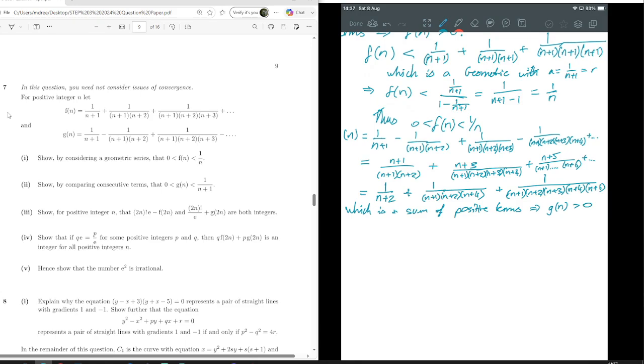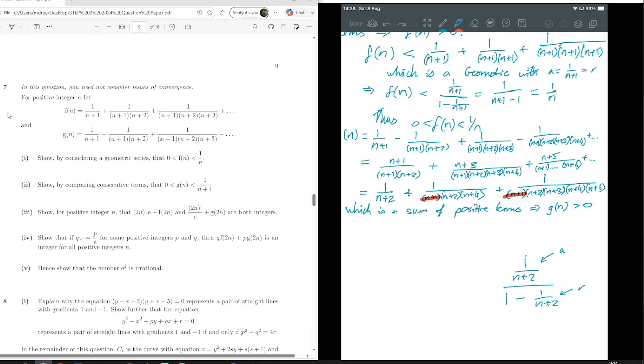It would be quite nice to have this as a geometric series and get a calculation such as that, where the A is and the R is. The issue is these terms here, this 1 over n plus 1 term, is a little bit awkward because we can't put the same bound on like we did up here.